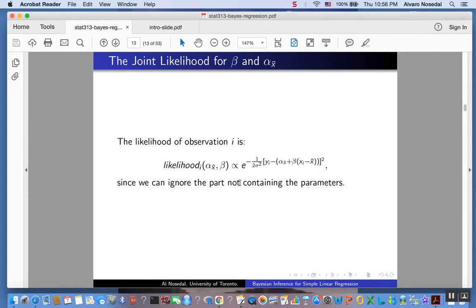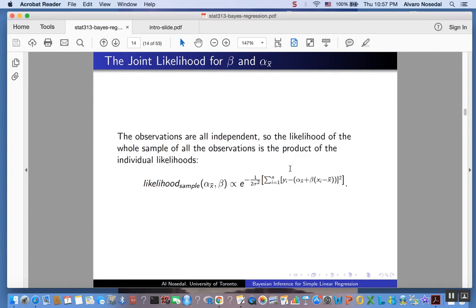We know that if we want the likelihood for an entire sample, since we're assuming that the errors are independent, then the observations are going to be independent, and then the likelihood for a sample of size n will be the product of terms that look like this. It will be the product of the individual likelihoods.